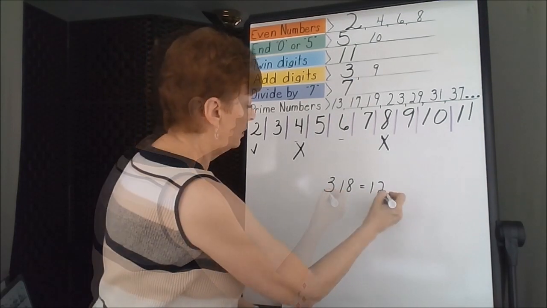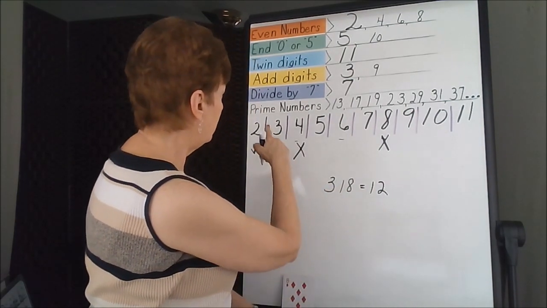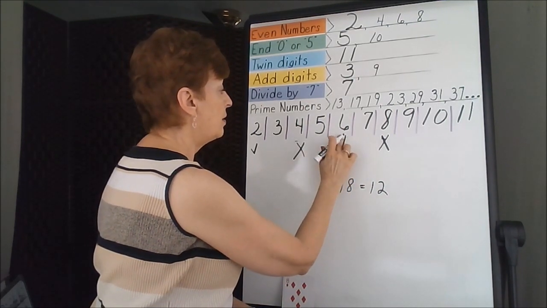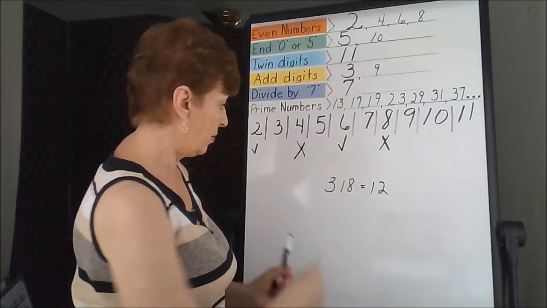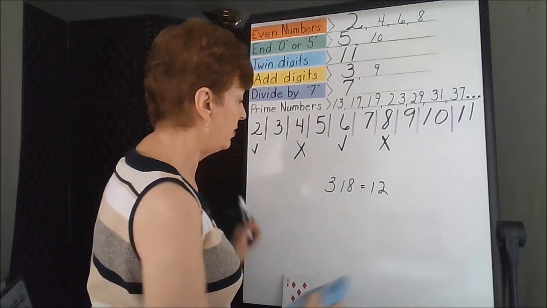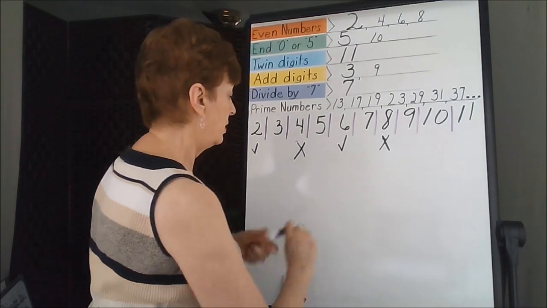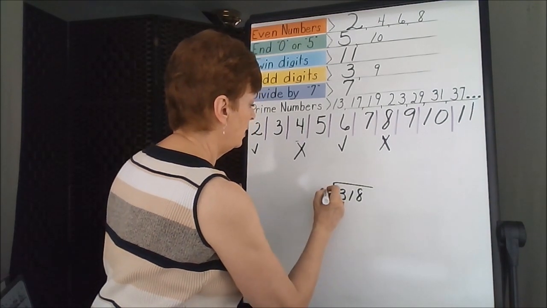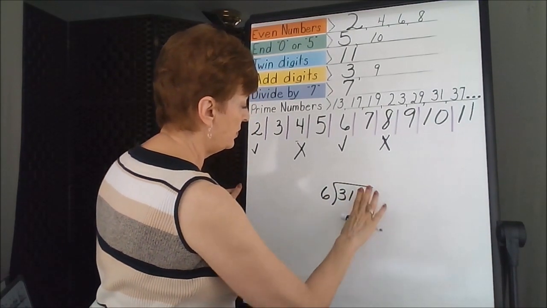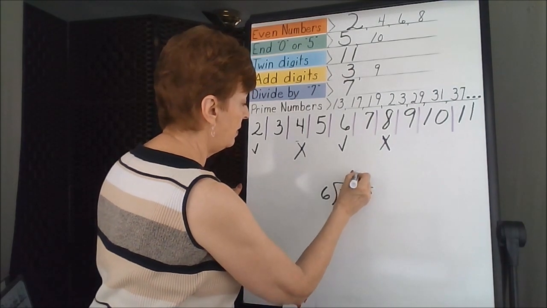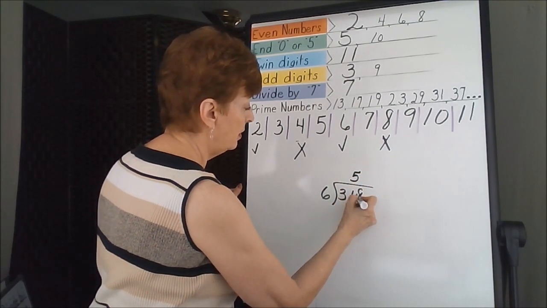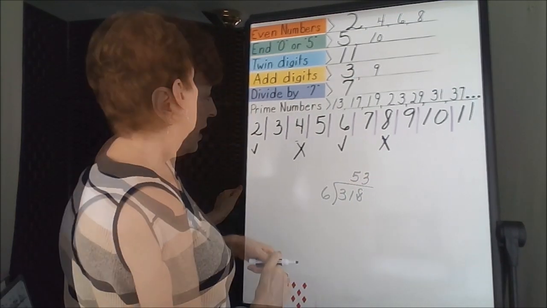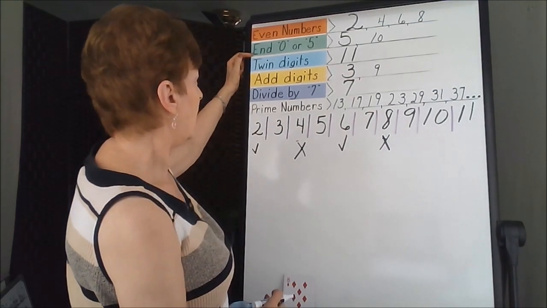So we have here 3 will divide into 12 evenly, so we can say that 6 will also divide into 318. I'll show you by actually dividing the problem out. 6 goes into 31 5 times with 1 left over. 6 goes into 18 3 times. It has no remainder.